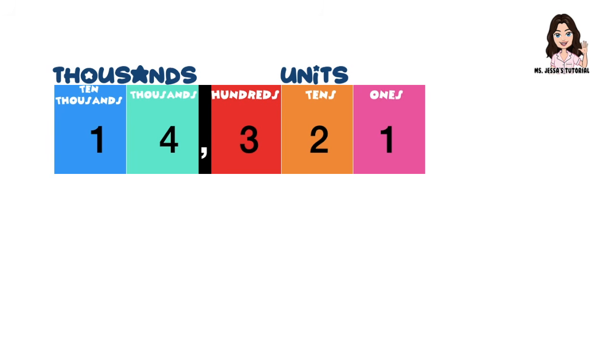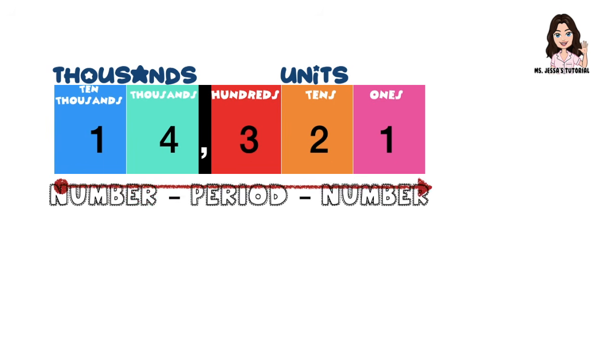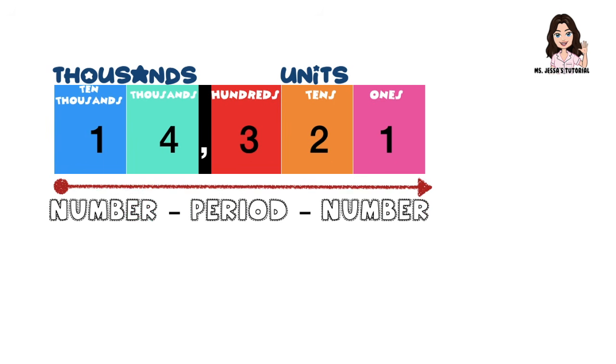Again, in reading numbers, we are going to start from left to right. And we will follow this technique: number, period, number. So we have the number, which is 14.